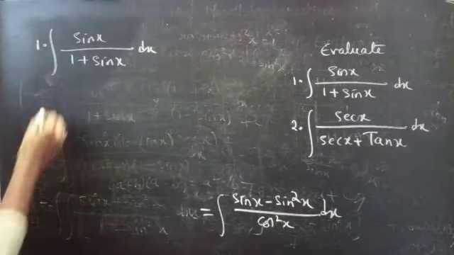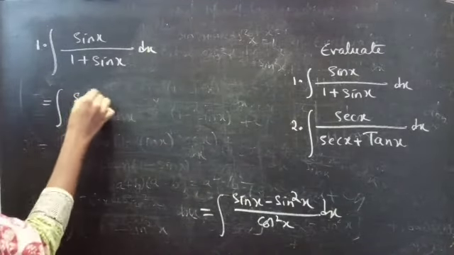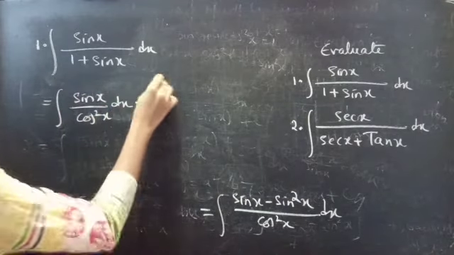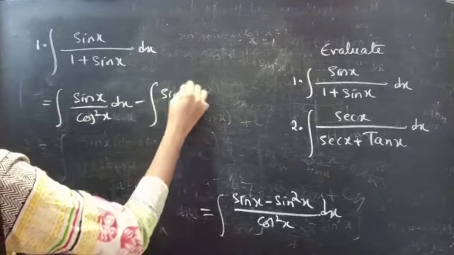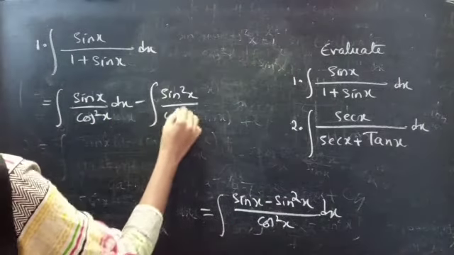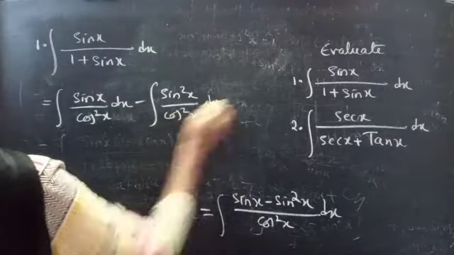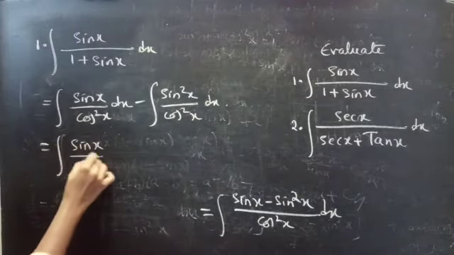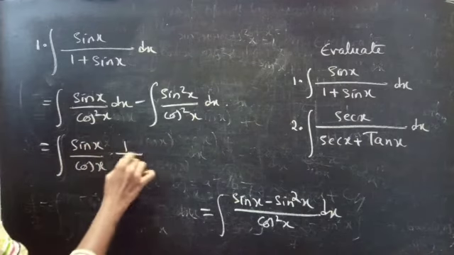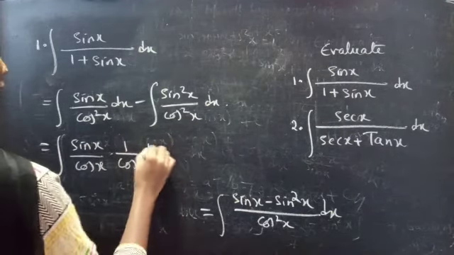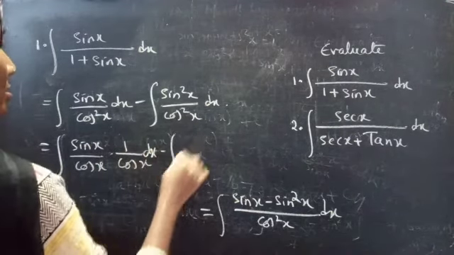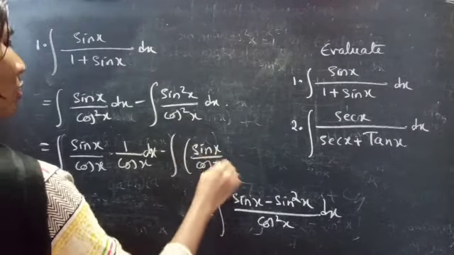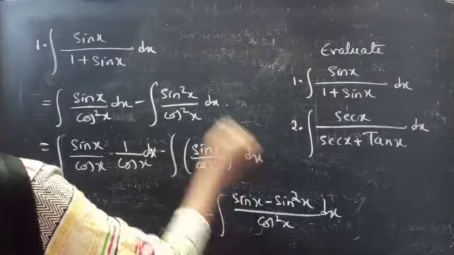So this equals the integral of sin x by cos square x dx minus the integral of sin square x by cos square x dx. You would write it as sin x by cos x into 1 by cos x, minus sin x by cos x whole square.